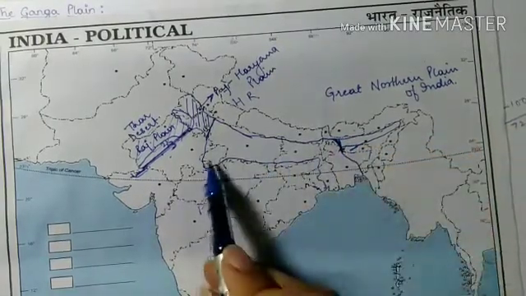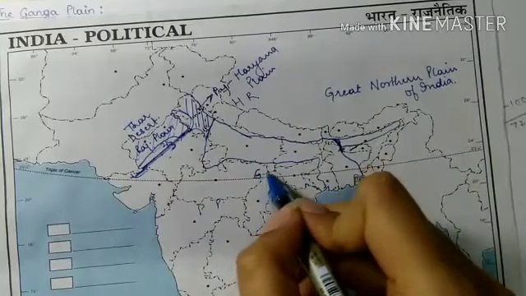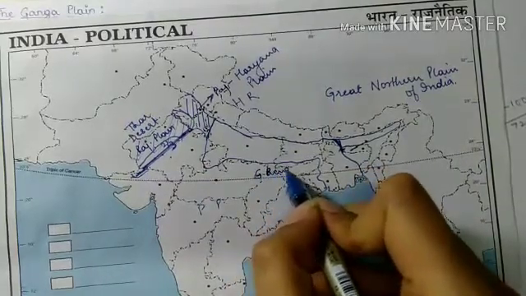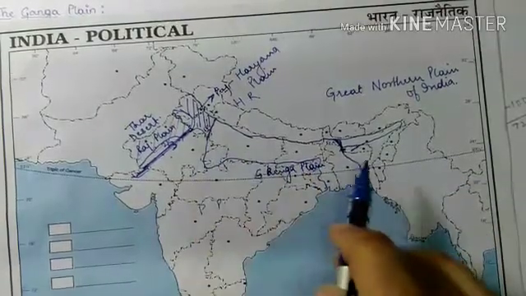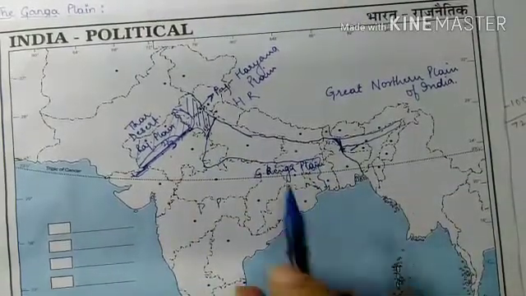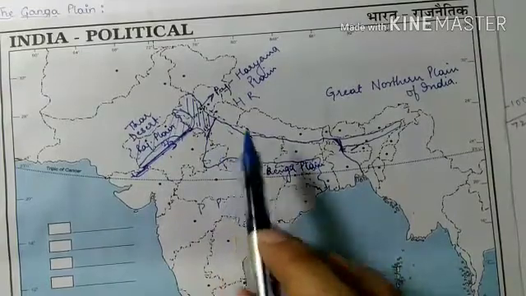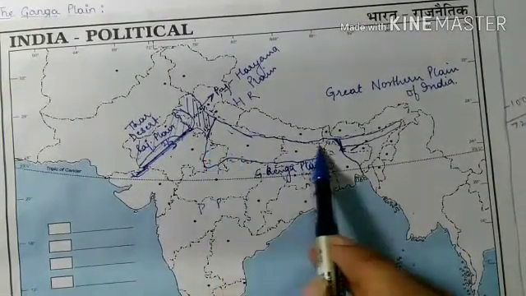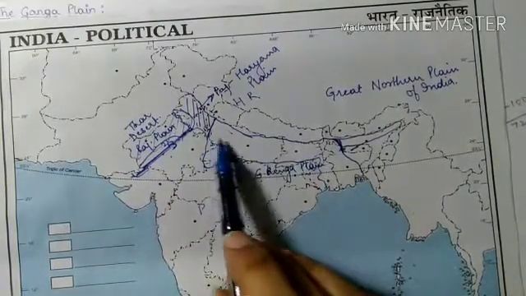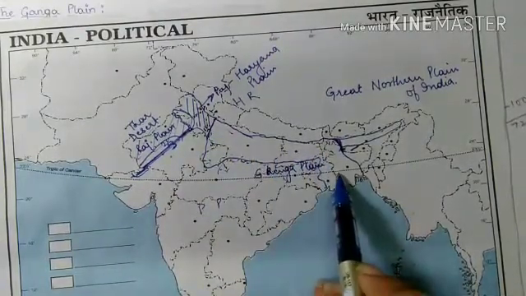So this is our Ganga plain, which is drained by the tributaries of Ganga as well as Ganga. The tributaries coming from the north as well as the peninsular tributaries of Ganga deposit their sediment in this region, and this region is formed by their deposition.